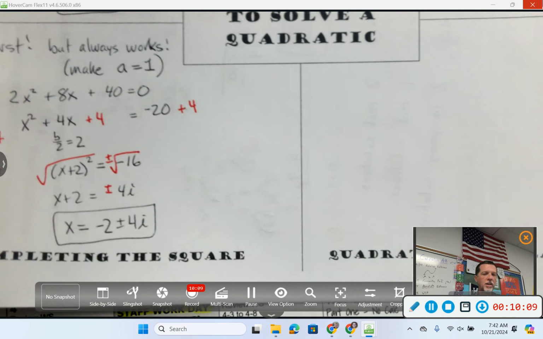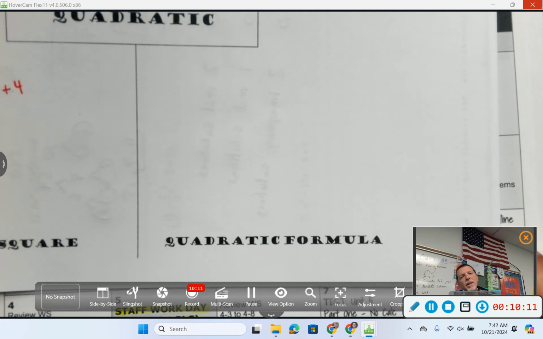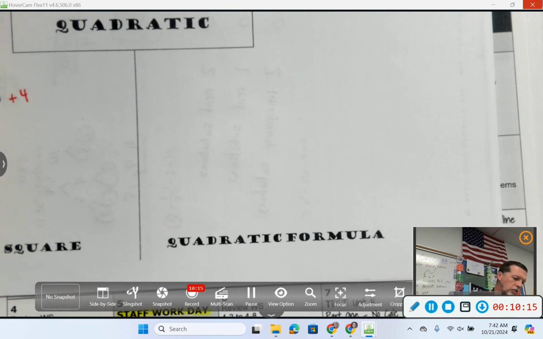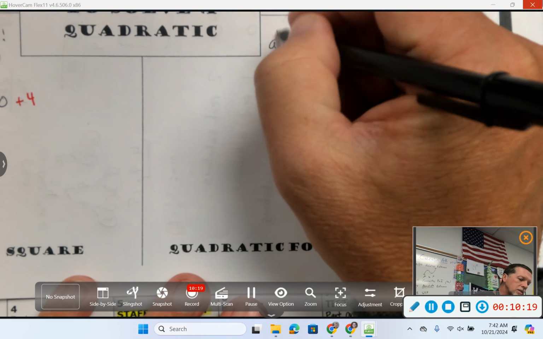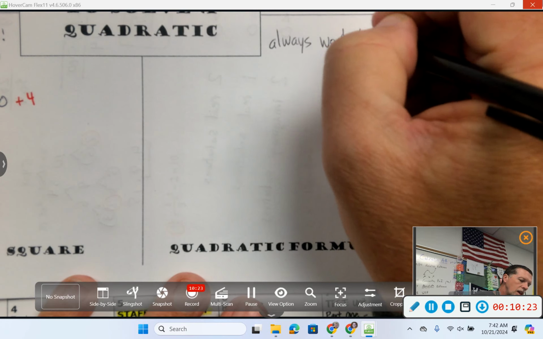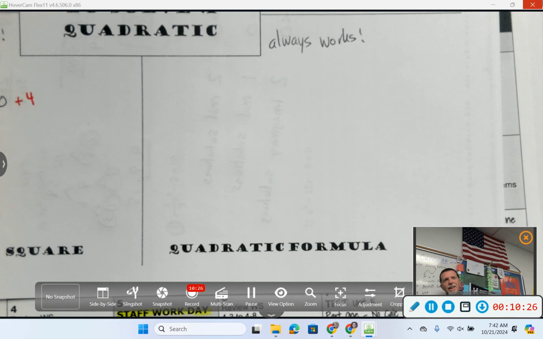Quadratic formula. X equals negative b plus or minus the square root of b squared minus 4ac all over 2a. When does it work? Always works. And so I think because the quadratic formula and completing the square always work, most students are like, I'd rather use the quadratic formula, therefore I never need to use completing the square.